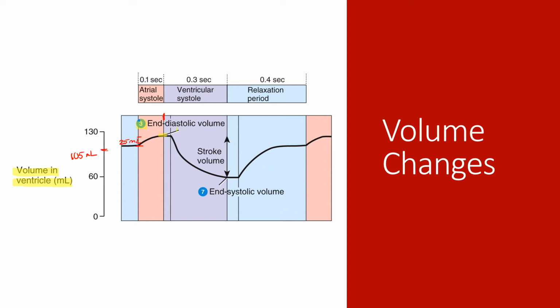So each ventricle contains about 130 milliliters of blood at the end of its relaxation period. Now, this final blood volume is called end diastolic volume, also known as EDV.